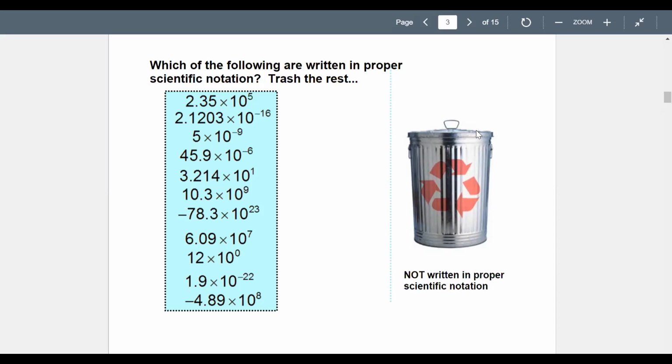And an exponent will be negative if it's less than 10, and that means you're moving the decimal to the left. So your second step is to determine whether your original number is greater or less than 10. So the first thing you do is find those first non-zero numbers, which are your coefficient. Then you determine whether your number is greater or less than 10.